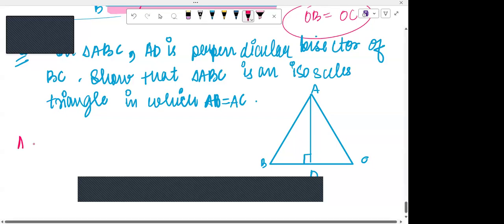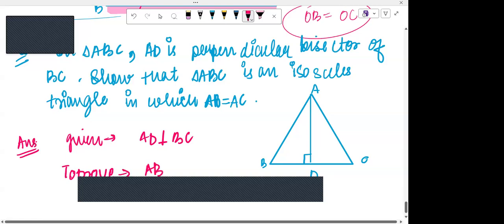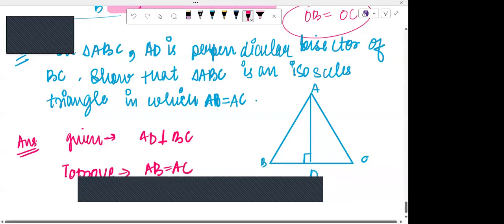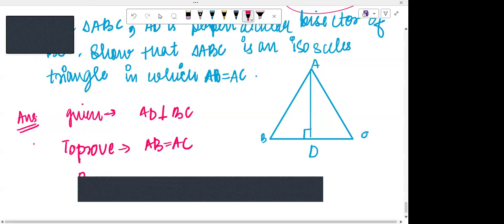What is given first of all? Given is AD perpendicular bisector of BC. Anything else? No. Then next is what you have to prove. So you'll write: to prove, AB is equal to AC. Now you'll do the proof over here.